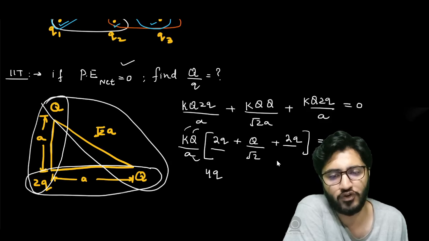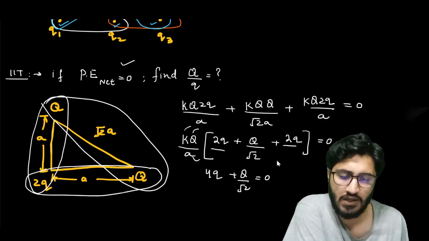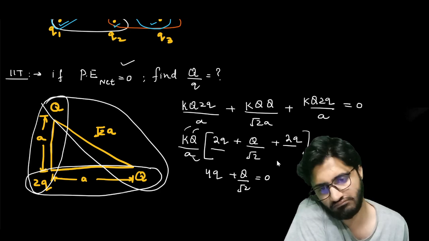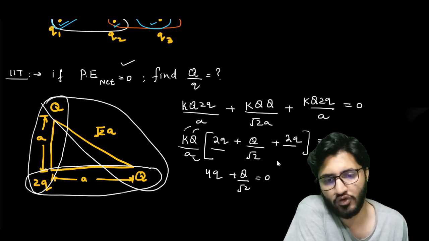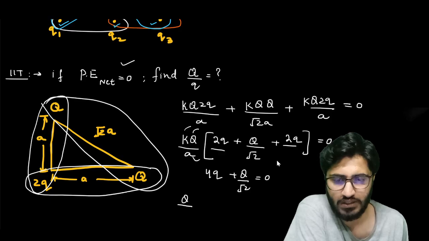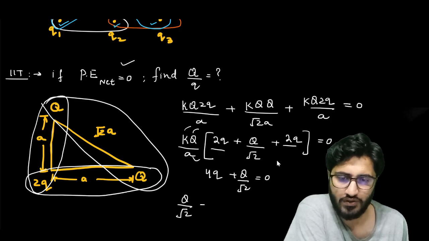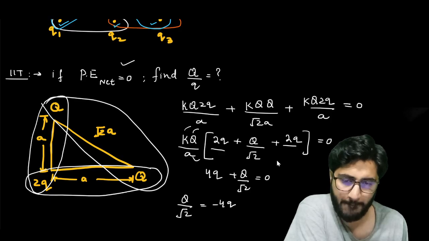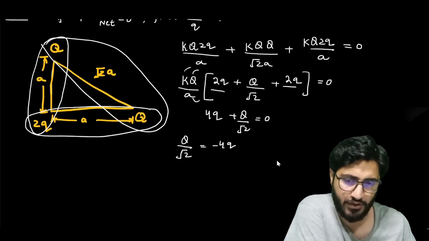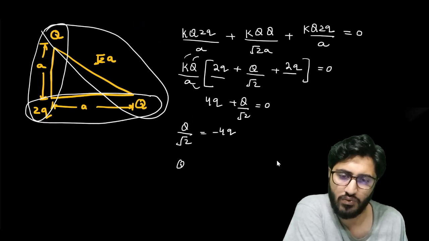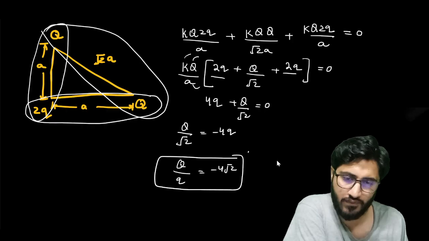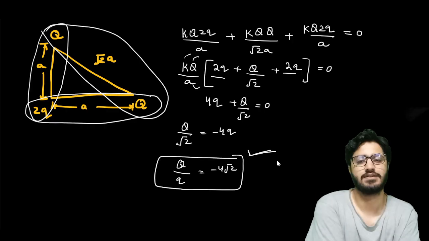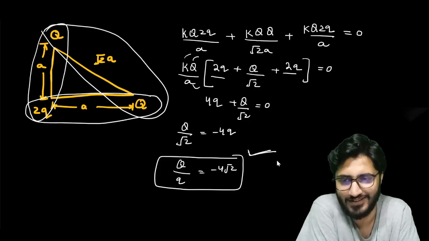So I get 4Q plus q by root 2 equals 0. I need Q by q now. Q divided by root 2 is equal to minus 4Q. Can I write now, from this particular example, my q divided by Q came out to be minus 4 root 2. This is how we can solve it.